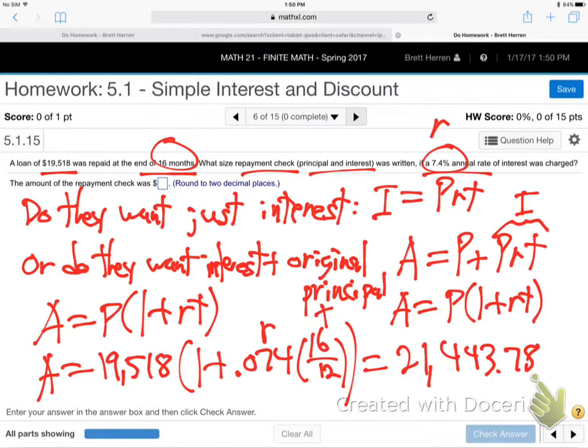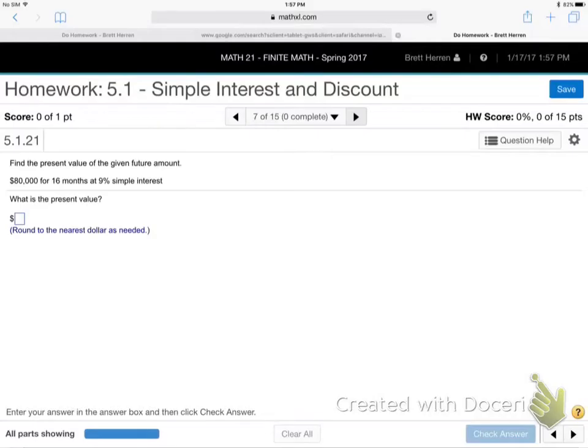Good, okay. All right, so 21,443.78. Everybody got that written down? I'm going to move on. All right. Okay. Present value of the given future amount.